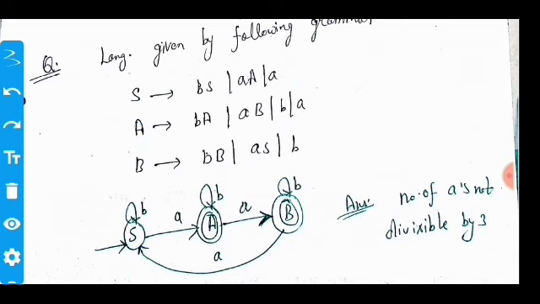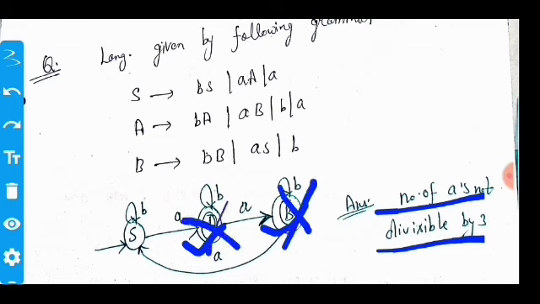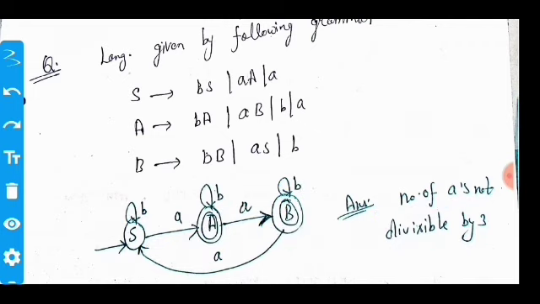So according to this grammar, the language expressed is that the number of a is not divisible by 3, because if the number of a is divisible by 3, we end at S, and S is not a final state.